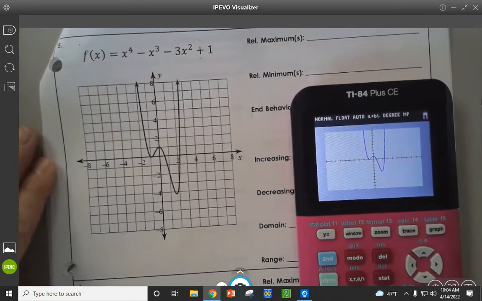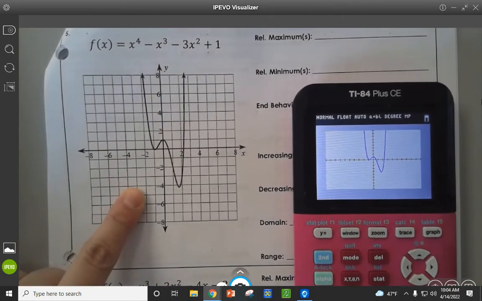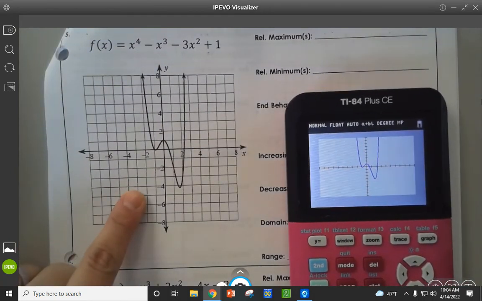Verify that what you have on your calculator looks like the graph that's already drawn here.